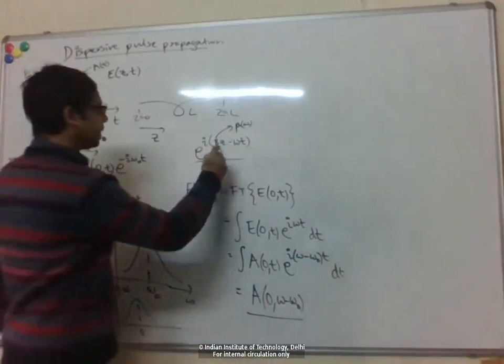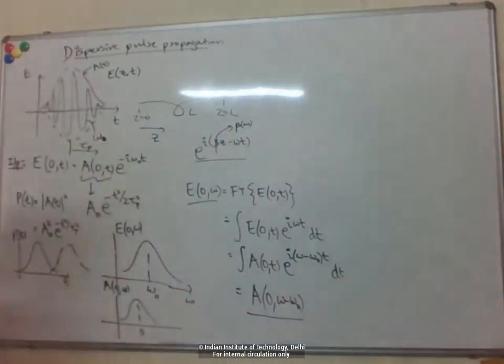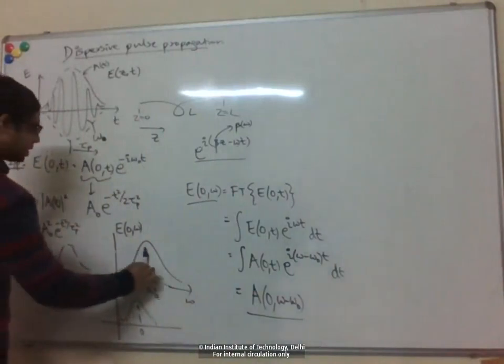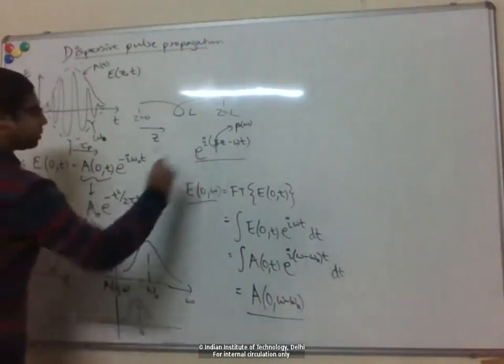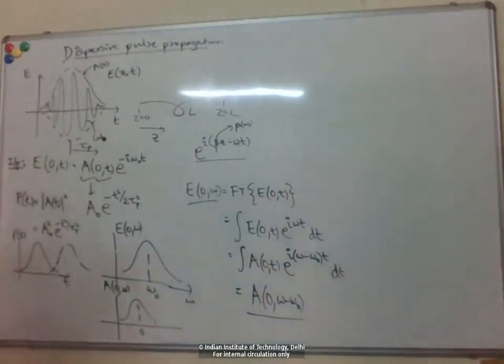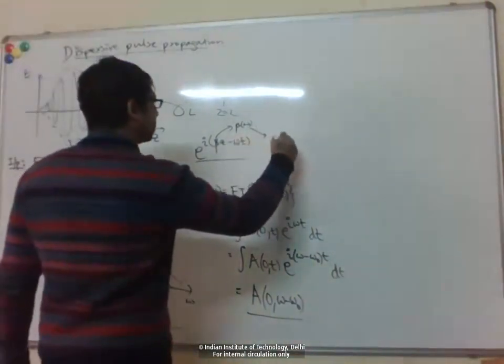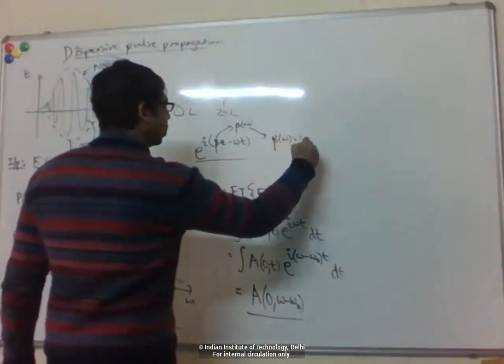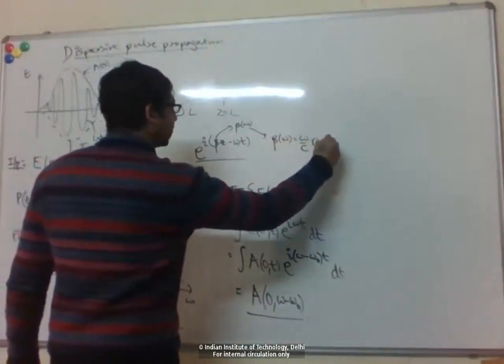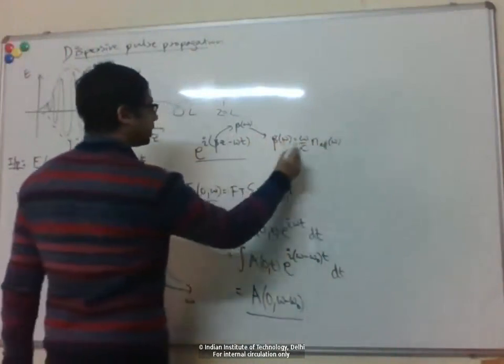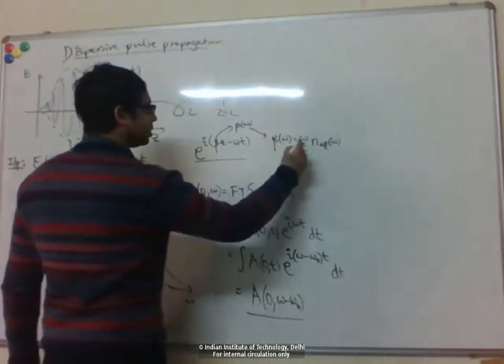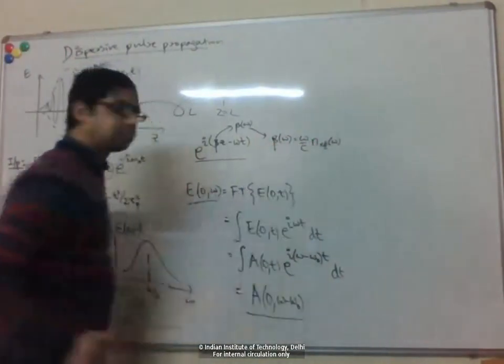So if I change omega, this beta changes. If I look at the spectrum, each different frequency component will have a different beta, because beta was basically omega over c times an effective index, which is also a function of omega. So you can see that this is a function of omega from here and also from here.